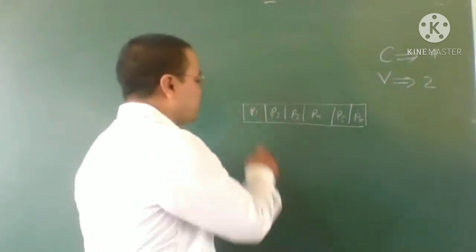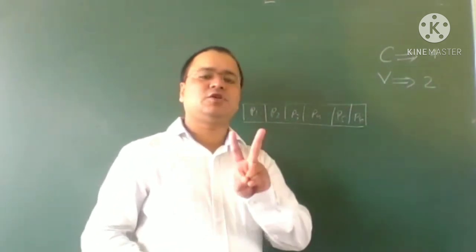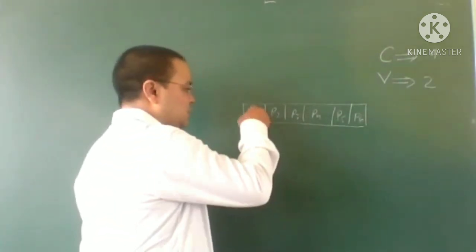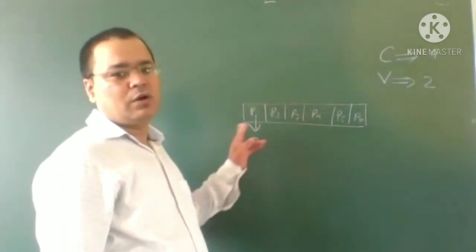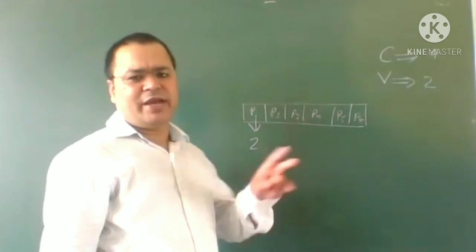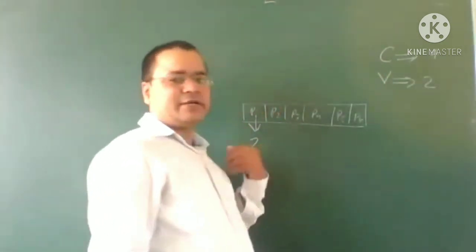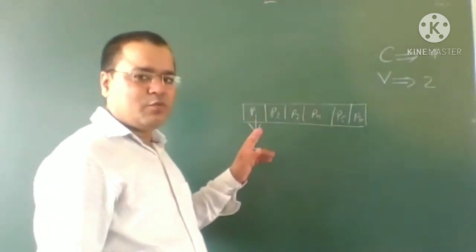The condition is the first place should be a vowel, and there are 2 vowels. It means we have 2 options to fill the first place, because we have 2 vowels from the word.